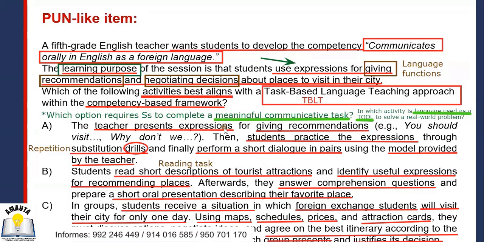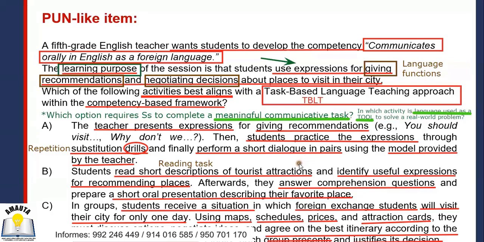Do students solve a real world problem here when they repeat the substitution drills and reproduce a dialogue, changing some words or parts? What about this one when they read, answer questions, and give an oral presentation? What about this situation here? Exchange students visit the city and they should decide on the best itinerary according to the visitors' interests and budget. Think about it.